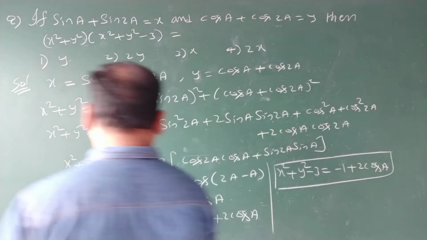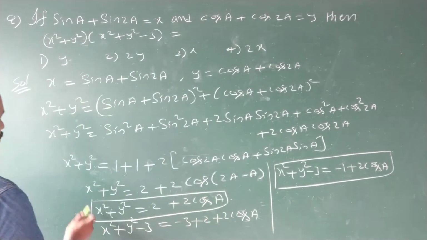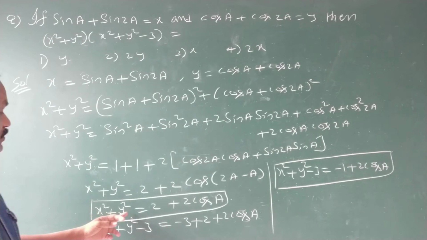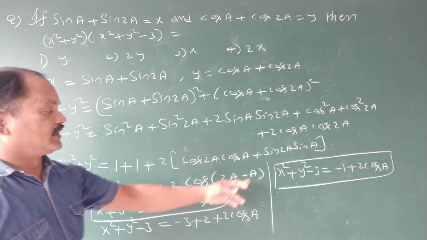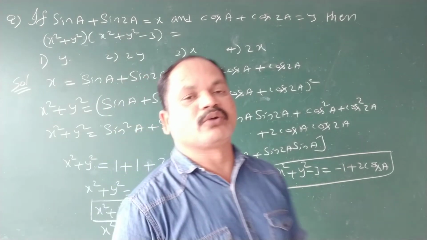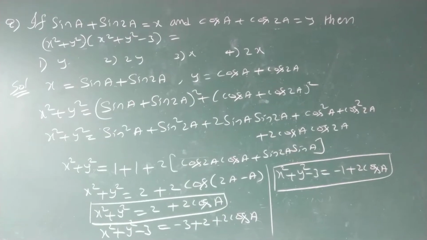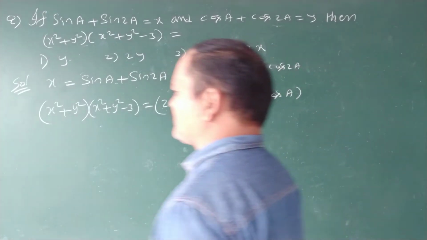Now from this step, x square plus y square is equal to 2 plus 2 cos a, and x square plus y square minus 3 is equal to minus 1 plus 2 cos a. Now we have to multiply these.